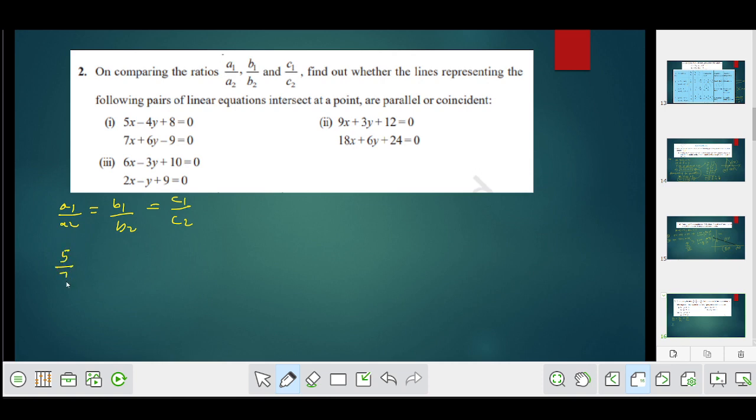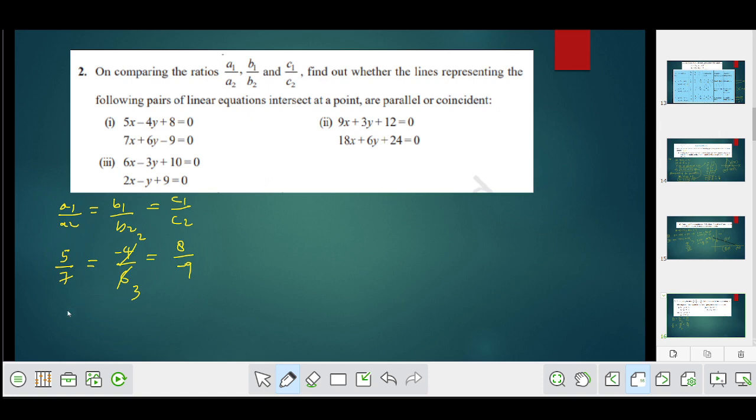Okay. So first, 5 by 7 equal to minus 4 by 6 equal to 8 by minus 9. This will be 2 by 3 after simplifying.